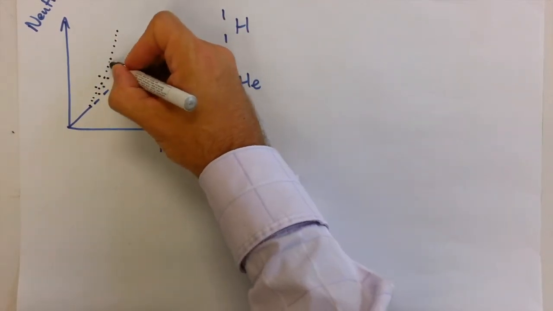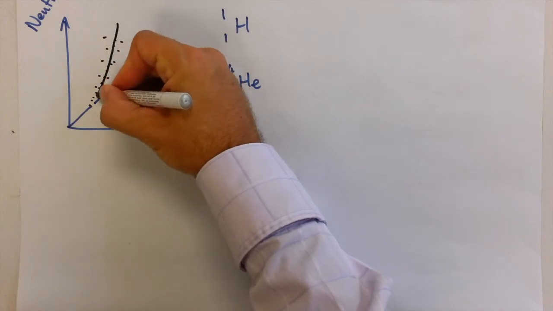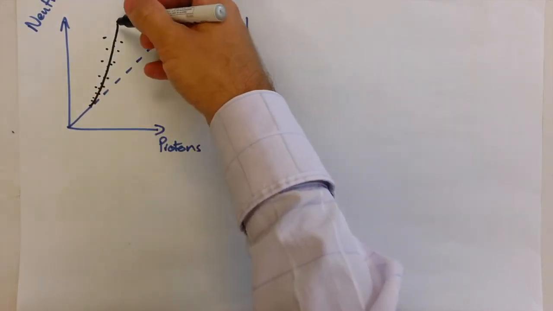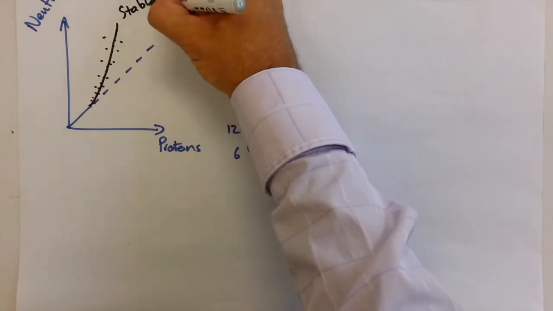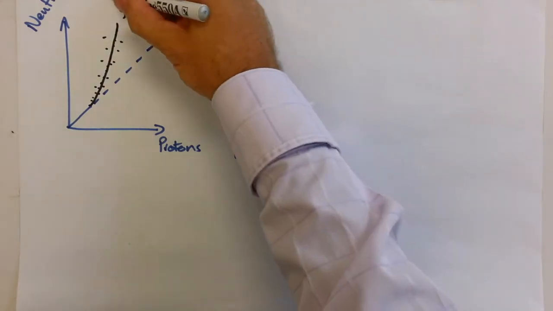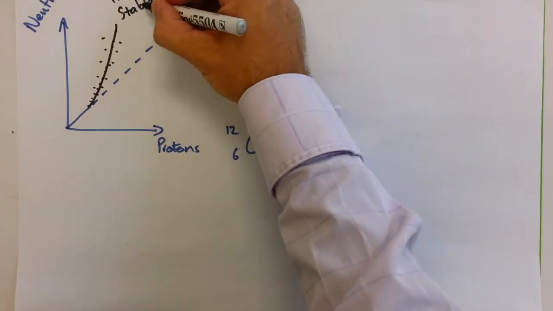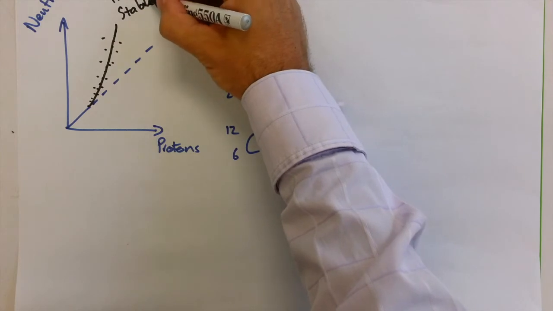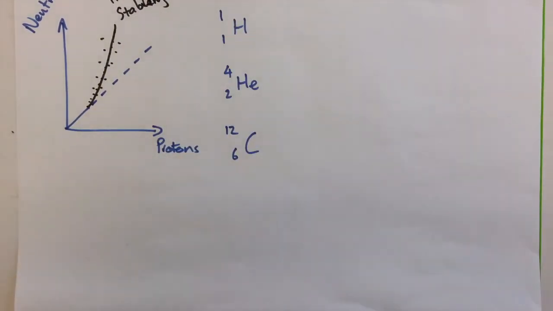Now, they're actually scattered slightly either side of this new black line here. Now, this new black line is actually elements that are stable, or the line of stability.